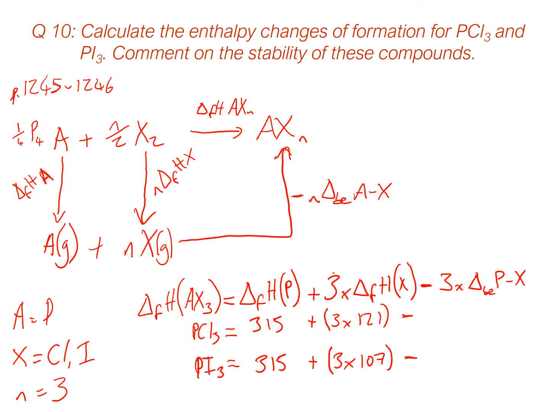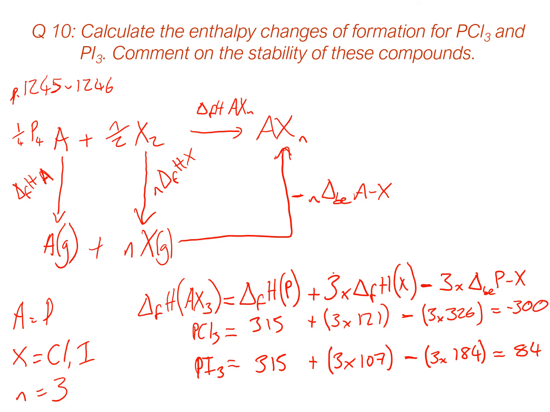And then finally, we're taking away 3 times the bond enthalpies, and for the phosphorus-chlorine, it's 326, and for iodine, that's 3 times 184. If we do all of these sums, we find that for PCl3, the enthalpy of formation is minus 300 kilojoules per mole, and for PI3, it's 84.